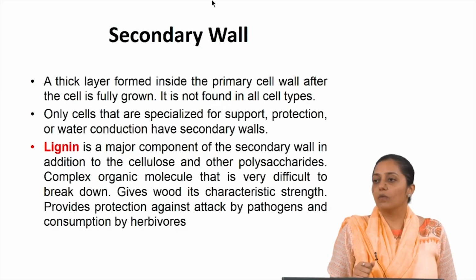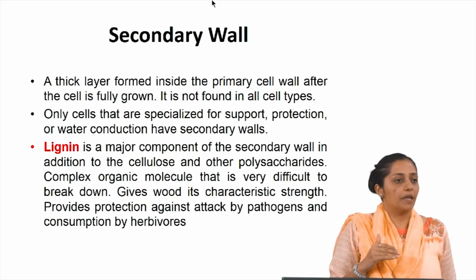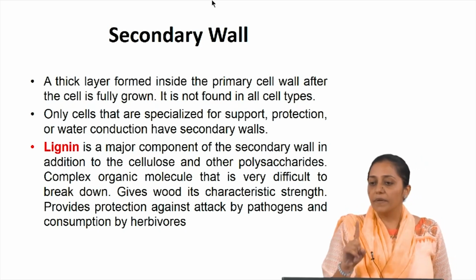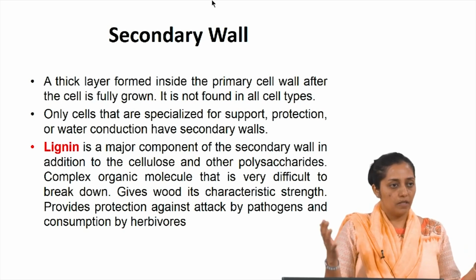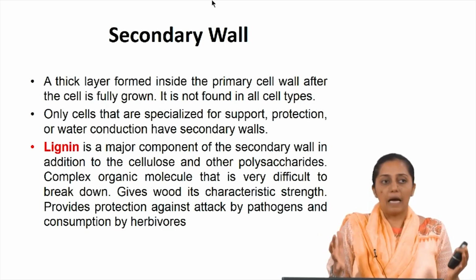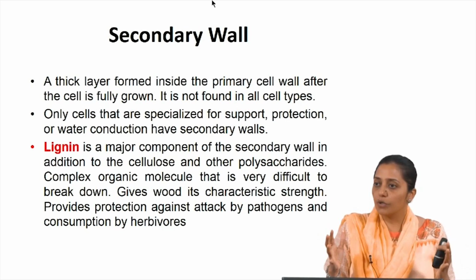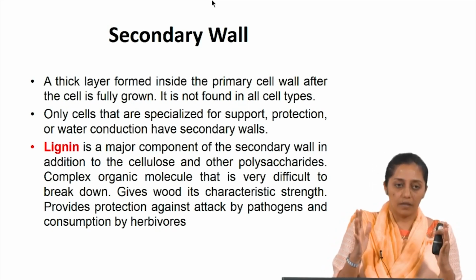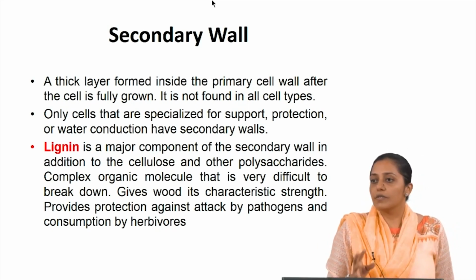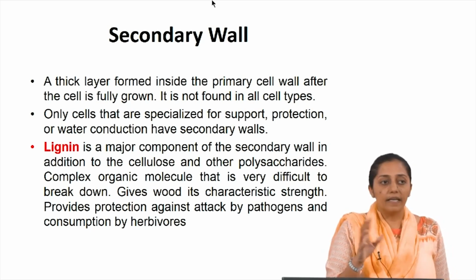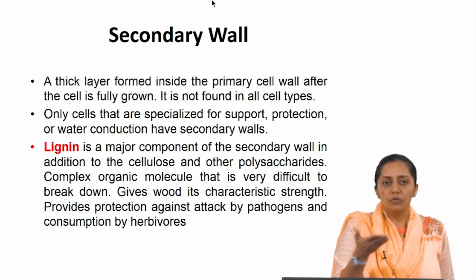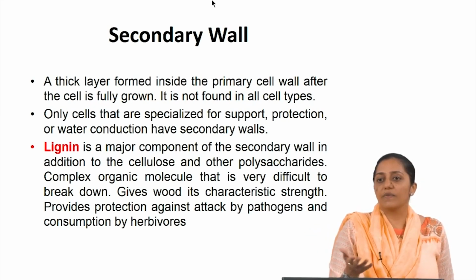Now the secondary cell wall is under the primary cell wall. Its major function is to prevent attack from herbivory and to give rigid support to the well-grown plant organ. So secondary walls appear which are richer in lignin. Now lignin you must already know is very hard to degrade.